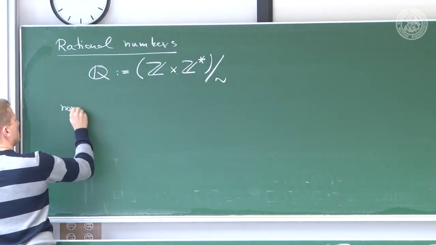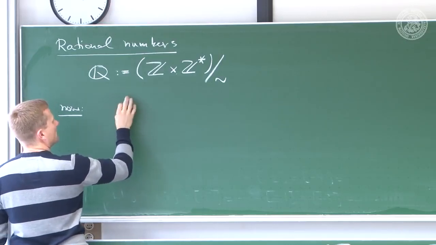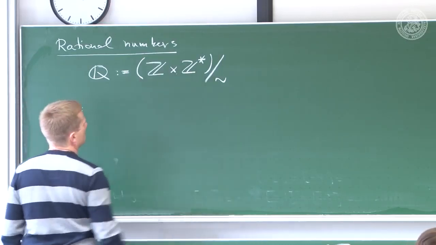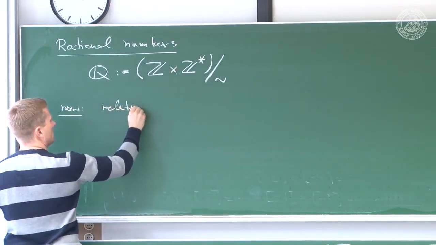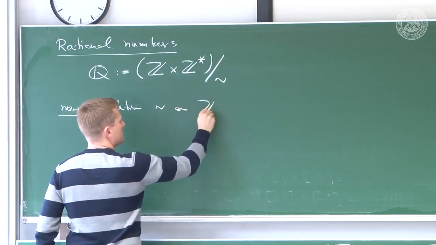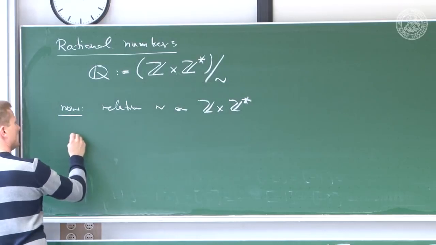But now, this equivalence relation, the relation twiddle on this Cartesian product Z cross Z star, is defined as follows.